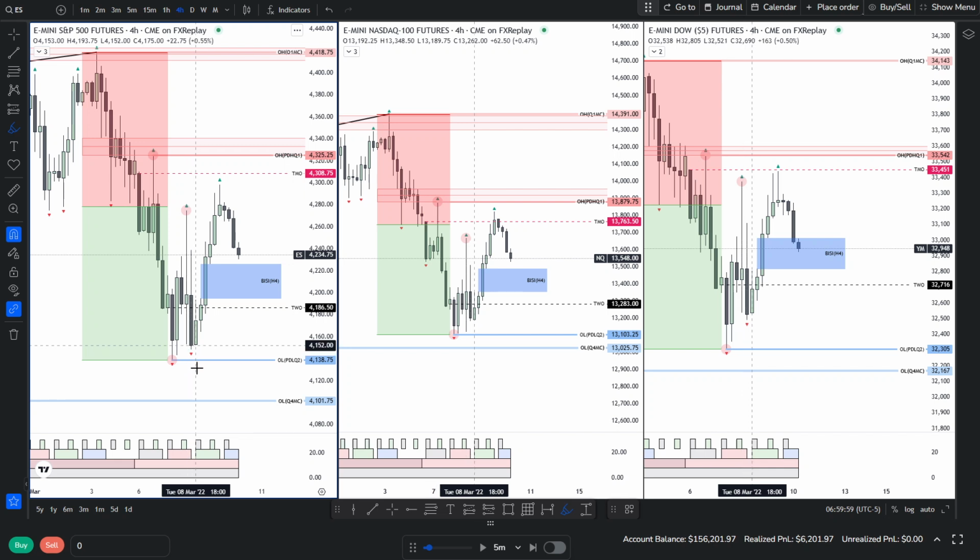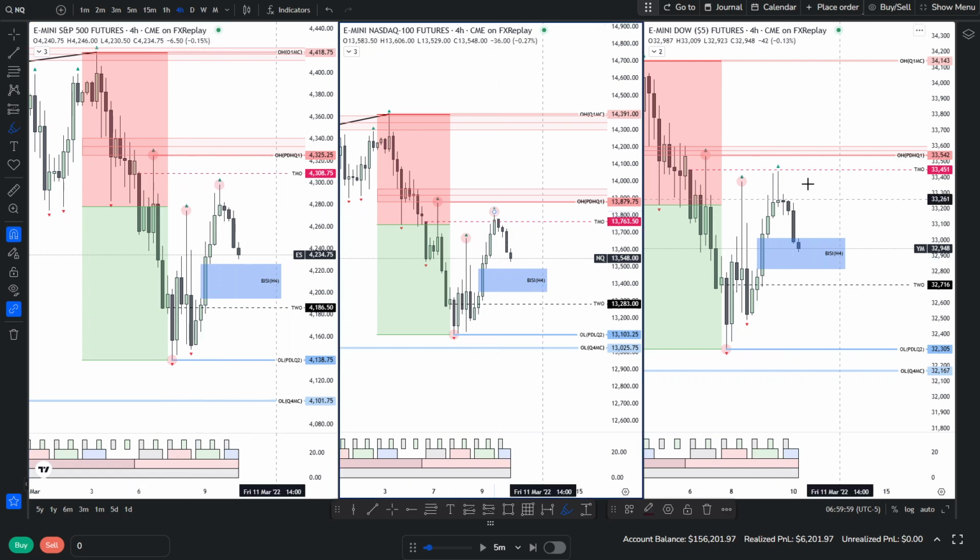So we're headed into there we go. So no clear low, but we do have a clear high.